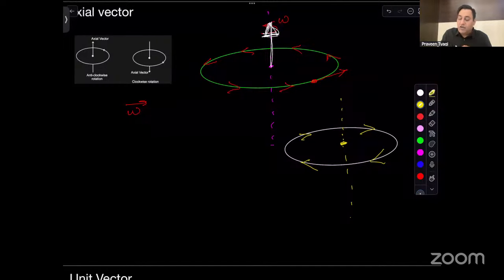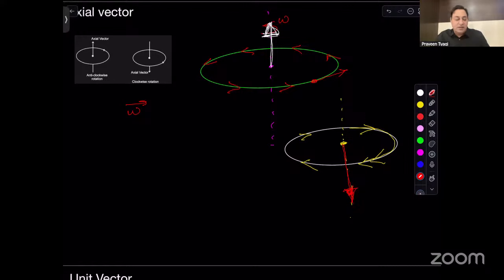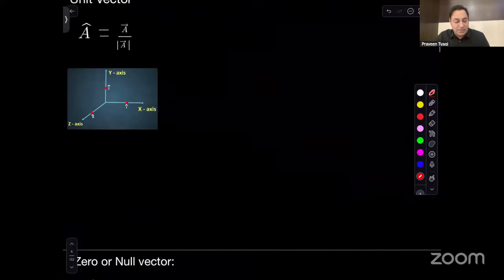If you curl your fingers in this direction, your thumb will have to point downwards, and the direction of that angular velocity or angular acceleration will be downwards. So this is how you find the direction of angular velocity when you are dealing with rotation. So this is another example.